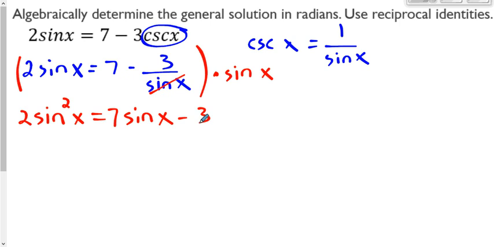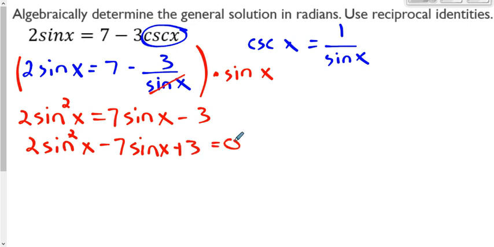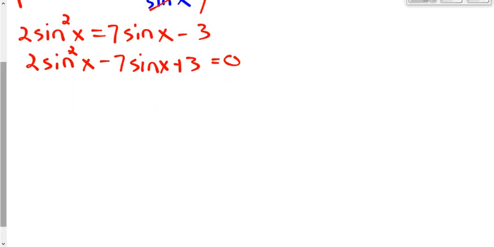From here, I'm going to make one side equal to 0. So I'll leave the 2 sine x squared on the left side and subtract 7 sine x and add 3, which is all equal to 0 now. And this one might be worth actually substituting in a variable. So I'm going to let a equal sine x.